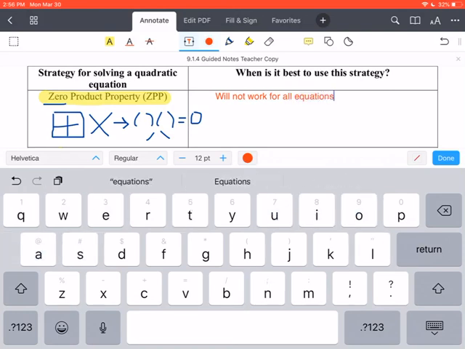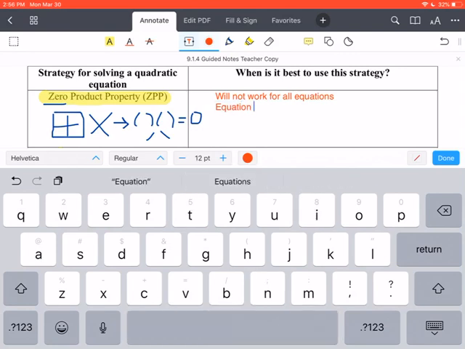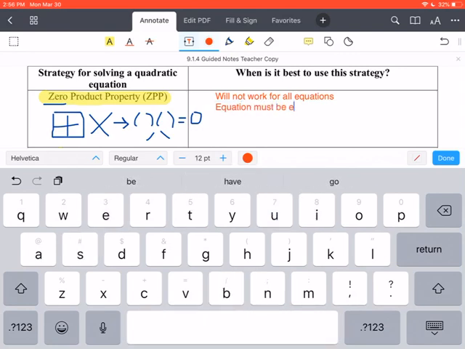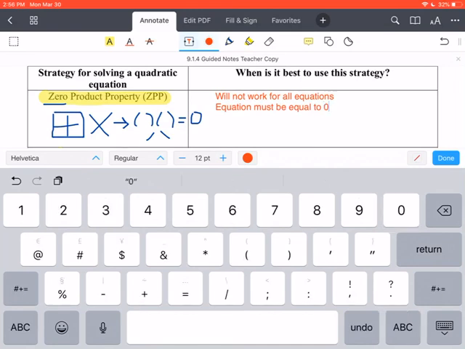So if it doesn't factor, then you can't just give up. You have to look at using a different strategy. Okay, but in order to even attempt to use this, the equation must be equal to 0. There's no way around that. So if anything is on its own side, you need to move it with the rest of the expression.